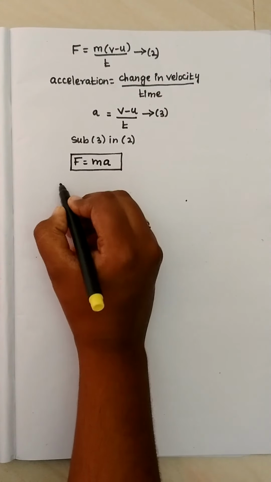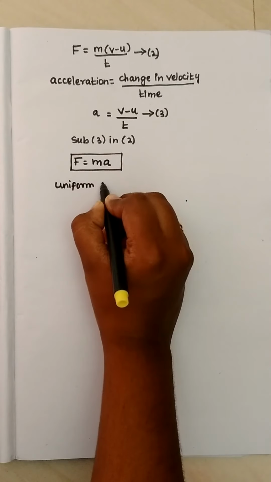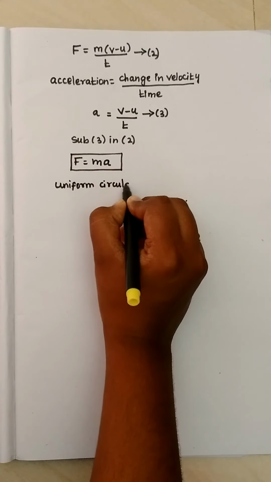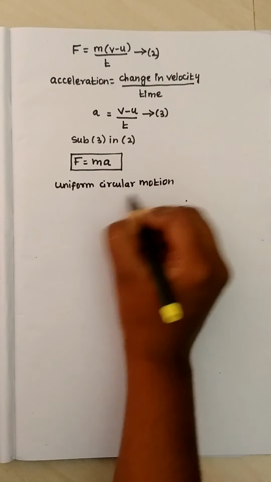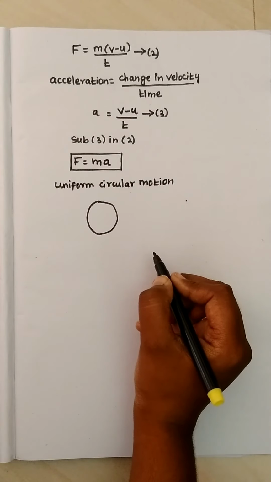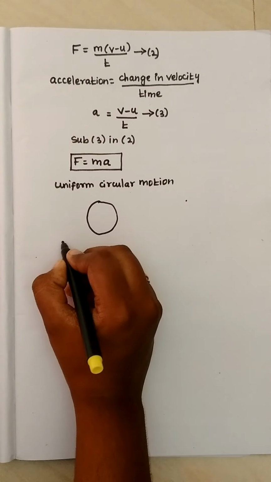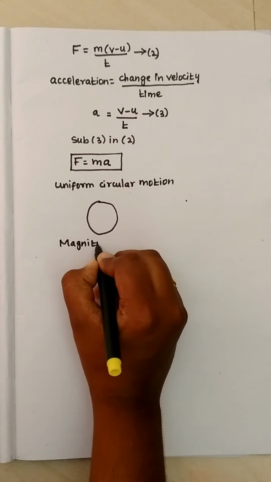So in this case you already studied about uniform circular motion. So uniform circular motion means enagudhu or object vandu it is moving in a circular path. Okay, consider an object is moving in a circular path. So in that magnitude of velocity is constant.